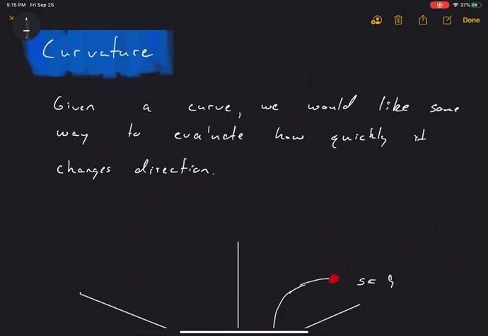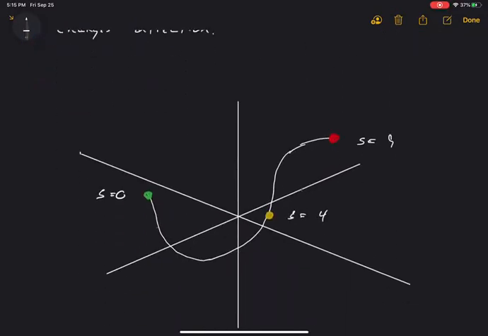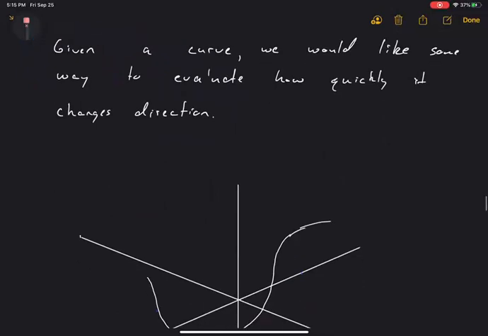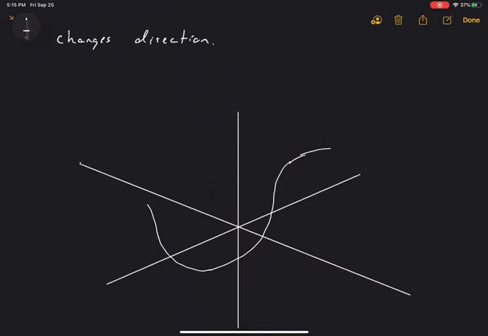Okay. Curvature. So if we're given a curve in R3, one of these graphs of these vector valued functions, we would like some way to evaluate how quickly it's changing direction. Okay, so maybe if I have a curve like this, it's changing direction. If I think about its tangents, what do the tangent lines look like?